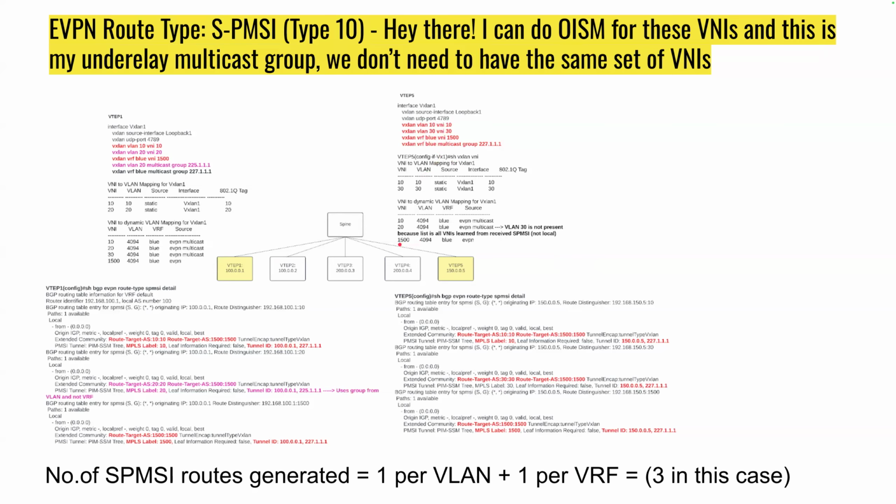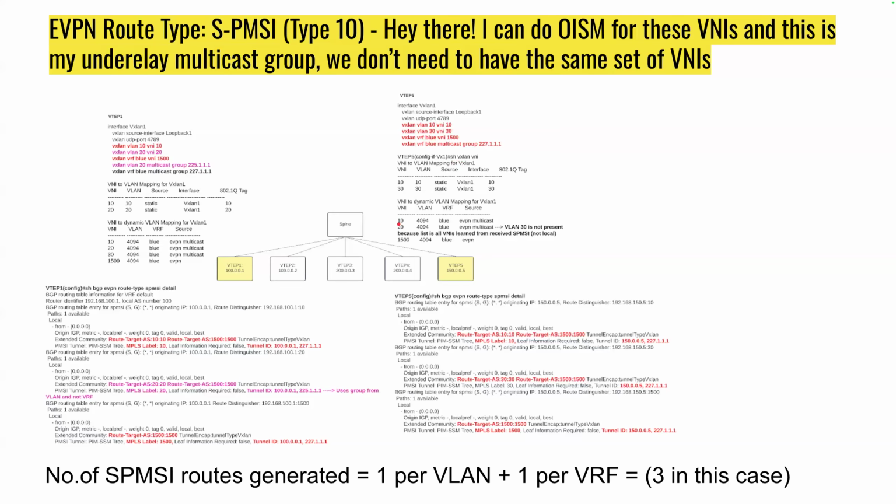The last line that you see, 1500 is mapped to 4094. So the two entries that we see here are an addition from EVPN multicast. Let's see how these two entries are created. These two entries are not created due to any local configuration. Rather, these two are created from the routes that are received from the remote peers.